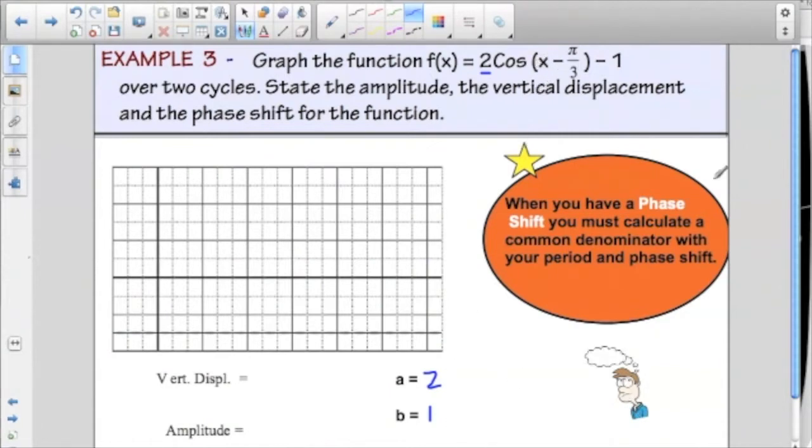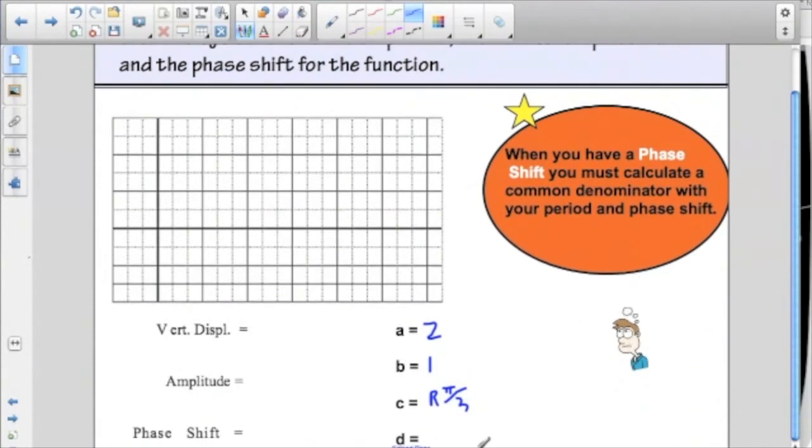Now, the phase shift. We have a bracket involved, so we have the phase shift of right, or you could say positive, π over 3. And the vertical displacement is negative 1. Okay, now we have the ingredients.